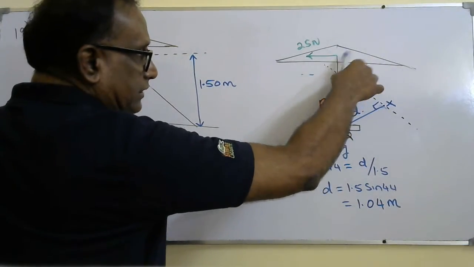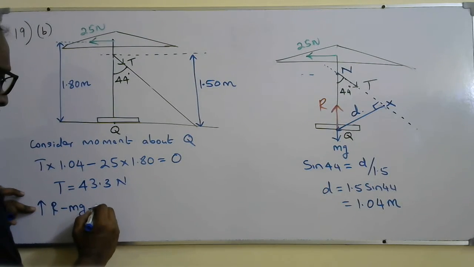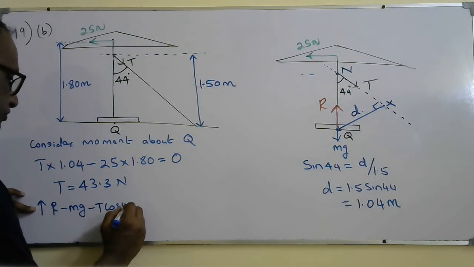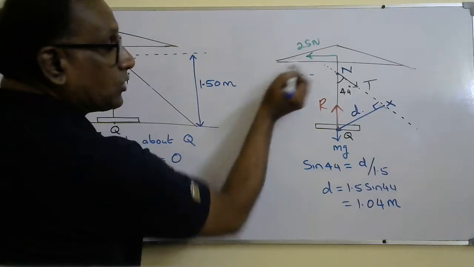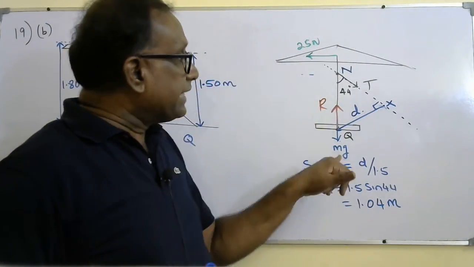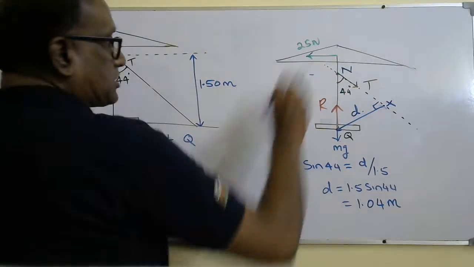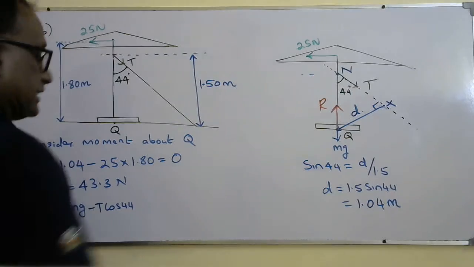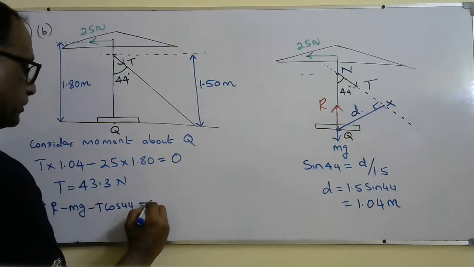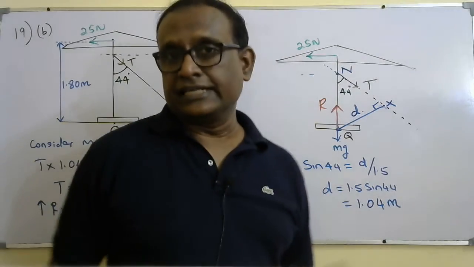Resolve it down, T cos 45, that is downwards, and I am considering upwards, so minus T cos 44. The 25 Newton force won't have any vertical component because it's a horizontal force. So in the vertical direction, the resultant force is equal to 0 because it's at rest, in equilibrium.